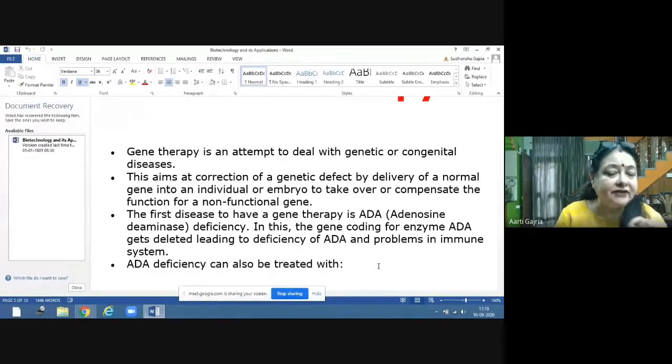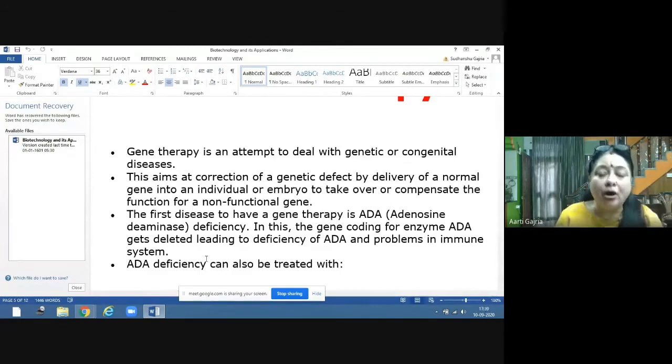In this disease, the gene coding for the enzyme adenosine deaminase gets deleted, leading to deficiency of ADA and problems in the immune system. What is this enzyme doing in our body?